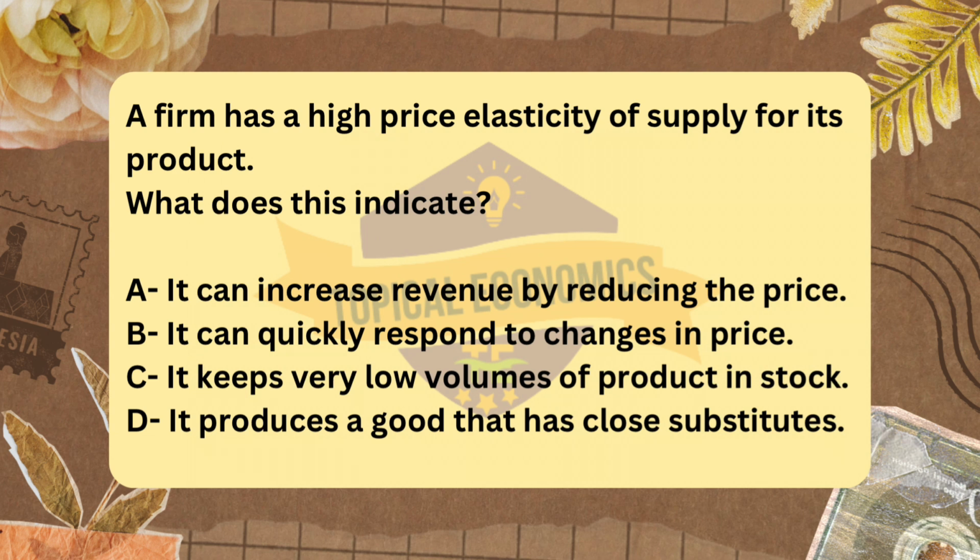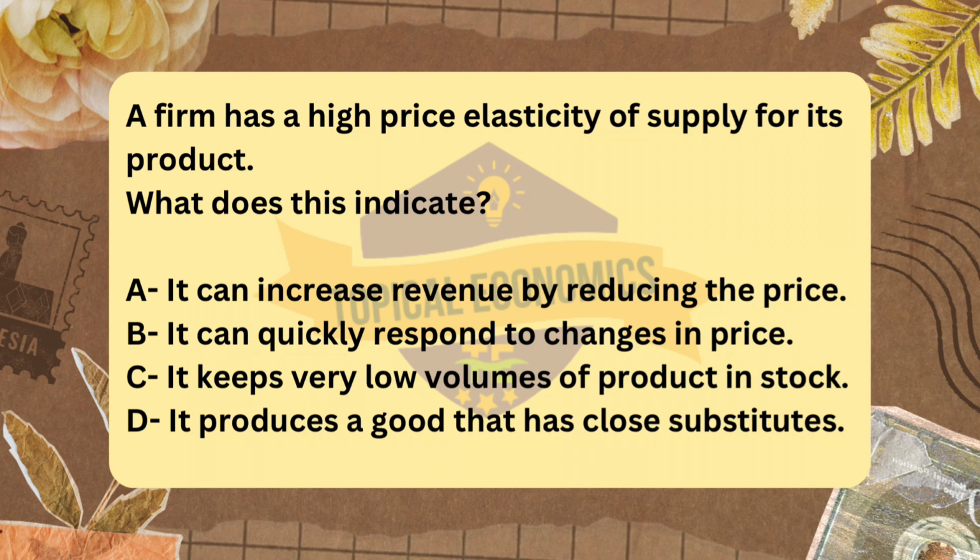Analyzing the other options. Option A, it can increase revenue by reducing the price, is more related to price elasticity of demand, not supply. Elasticity of demand determines how changes in price affect revenue. Next, option C, it keeps very low volumes of product in stock, is not necessarily related to supply elasticity.